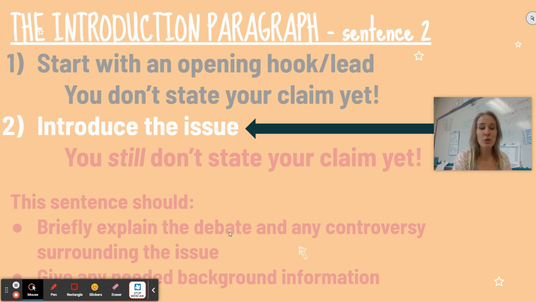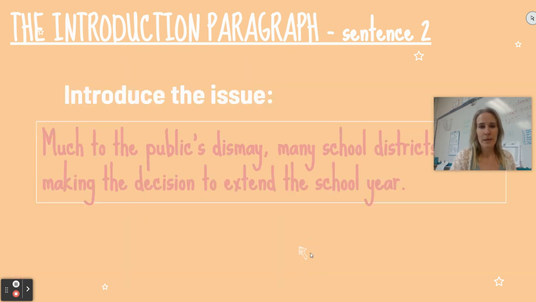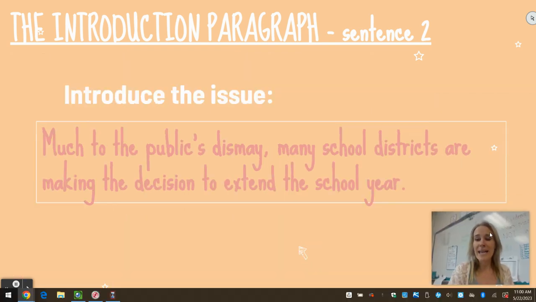And if you need to, you can give a little bit of background information. It might help the reader to understand what this issue is about. So for example, for my issue of should school be year-round, I wrote, much to the public's dismay, many school districts are making the decision to extend the school year.